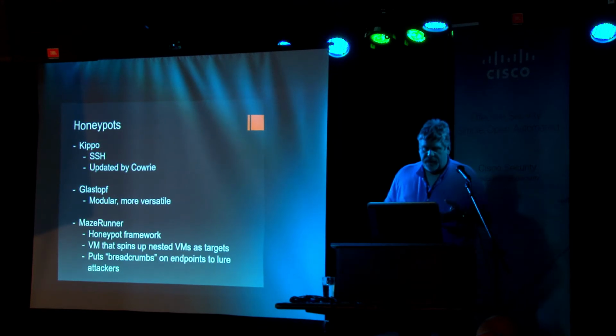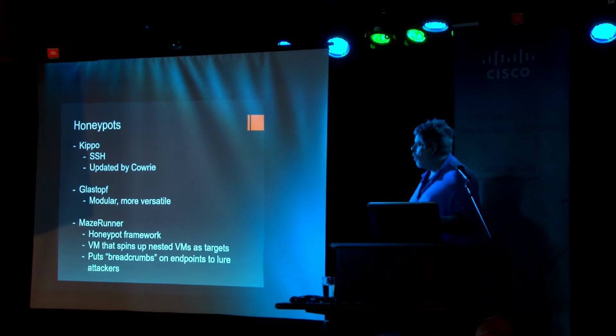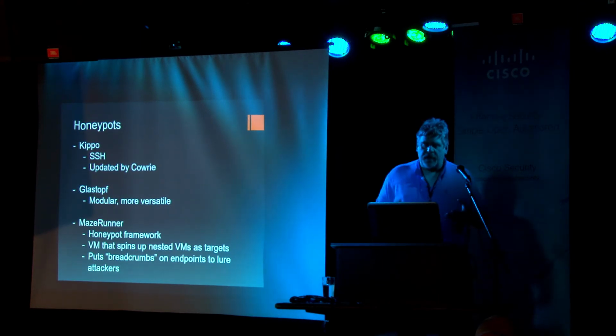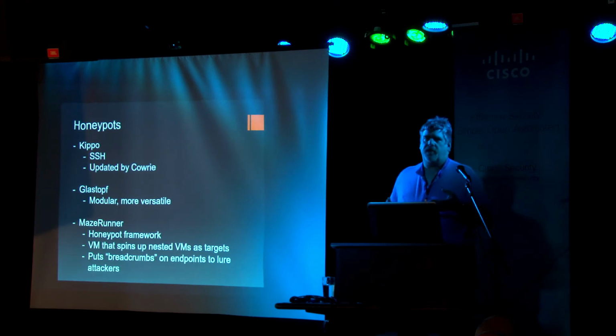And the next step up from that is MazeRunner. MazeRunner is a honeypot framework, and it installs as a VM, but you need to allow that VM to nest VMs. So what happens is, with MazeRunner, you say, okay, I want to set up this type of target, and it spins up a separate VM for that target.